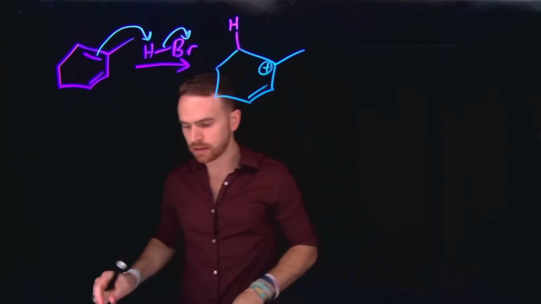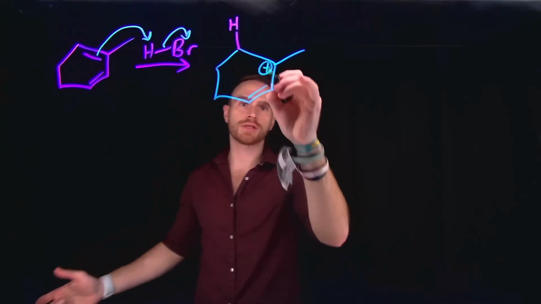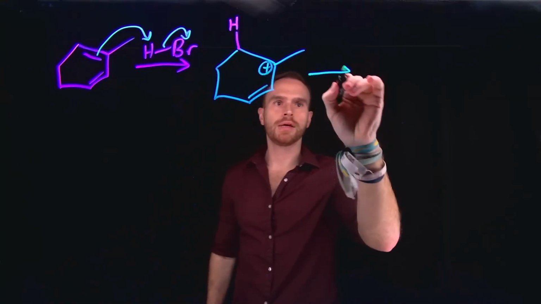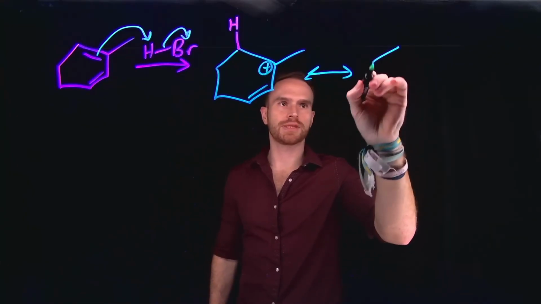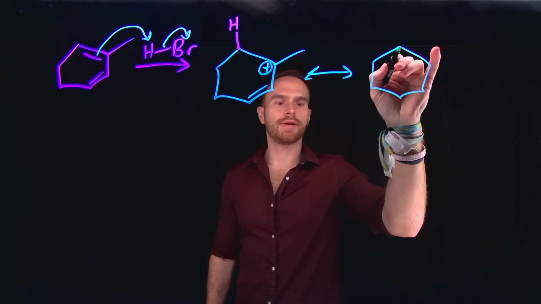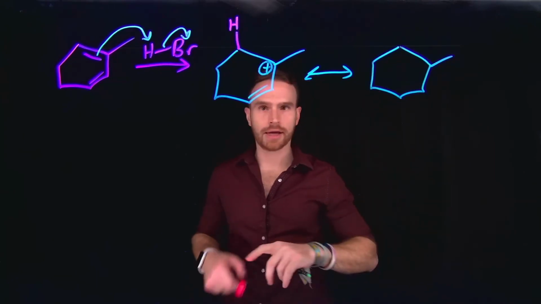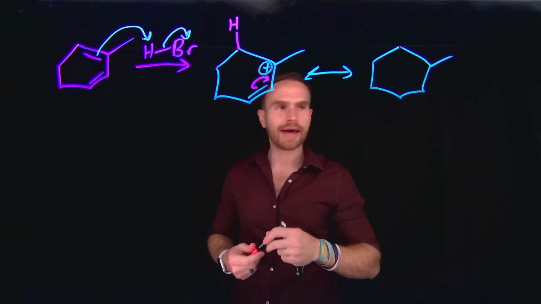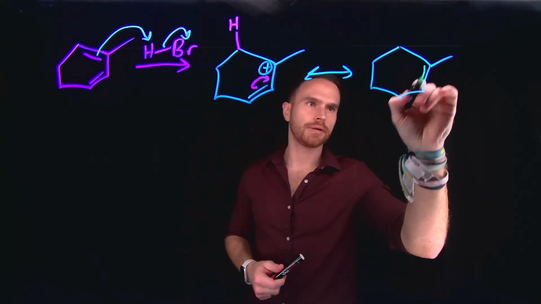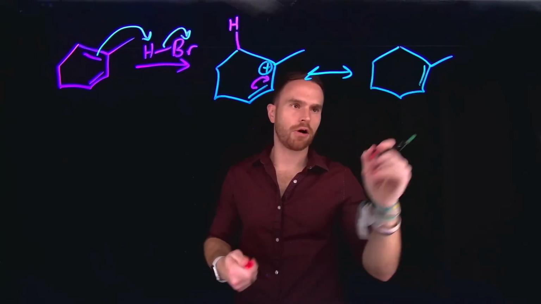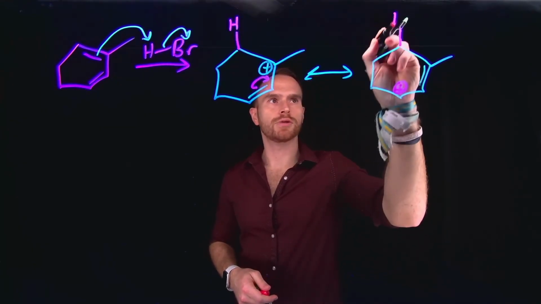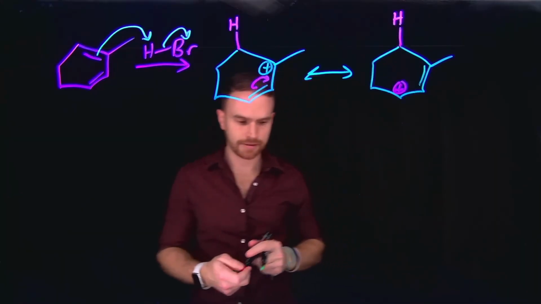Now, what you should be able to see is that we have formed a situation where we can have resonance stabilization of that carbocation. So another resonance structure that could potentially be drawn would be if those pi electrons actually move into this position, that is going to place the pi bond here, leaving behind our carbocation at the bottom carbon, and again, here was where our hydrogen was added.